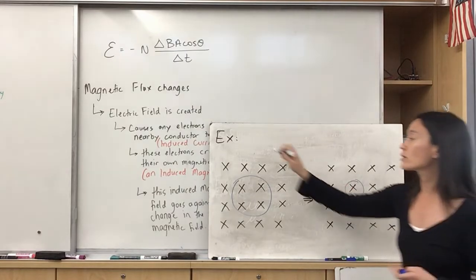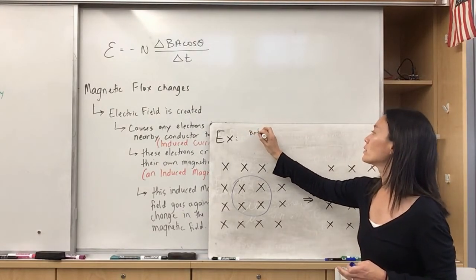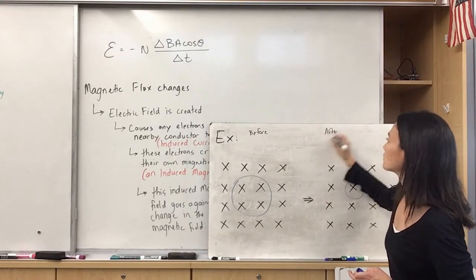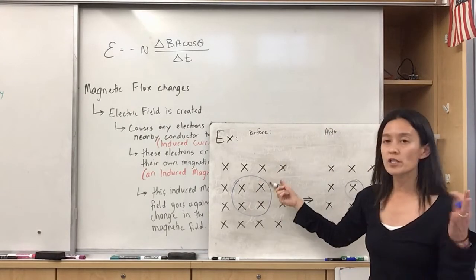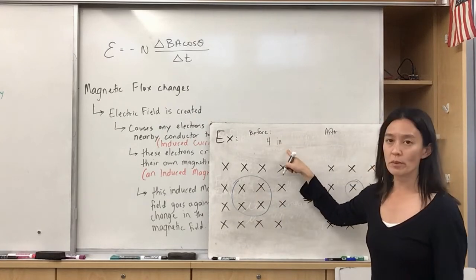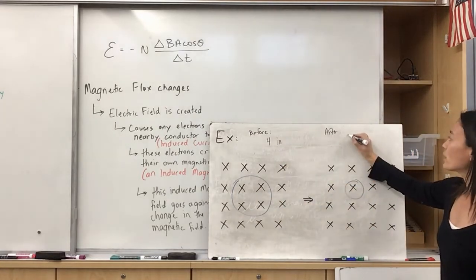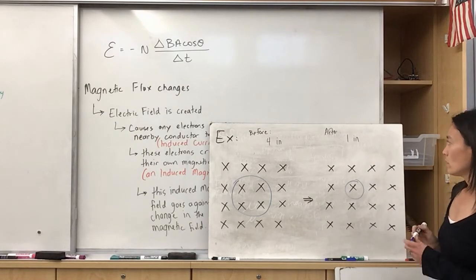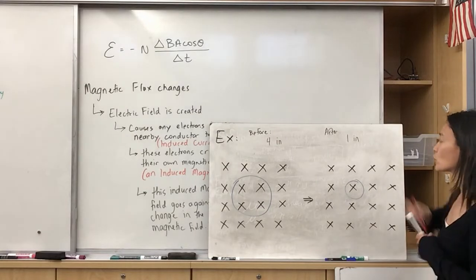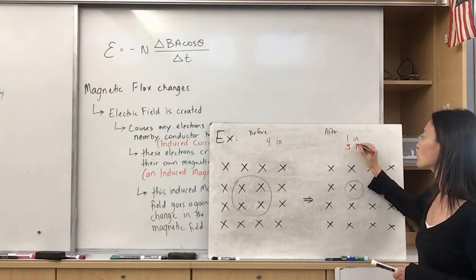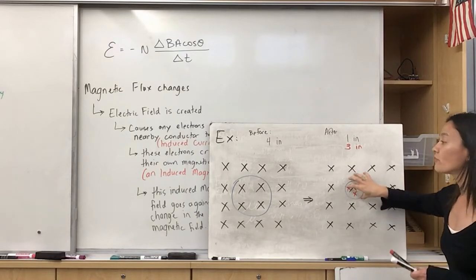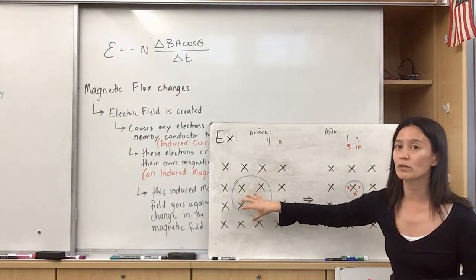So if I were to do a comparison, like a before and after, before I have approximately, again, this is just conceptual, I have 4 going in, so there's another way you could represent it, 4 going in, and now I only have 1 going in. Well, I want it to be like it was before, and so what am I going to do? I'm going to induce 3 going in, so that the magnetic flux is similar to what I had before.